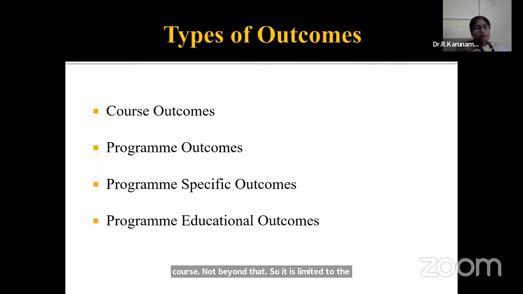Next comes program outcomes, broader statements, not limited like course outcomes. Program outcomes are broader statements. They indicate what learners are likely to know and able to perform at the time of graduation. What are all the things they might have learned after the 3-year period of study? What kind of knowledge and what kind of skill set they may be mastering at the end of the program.